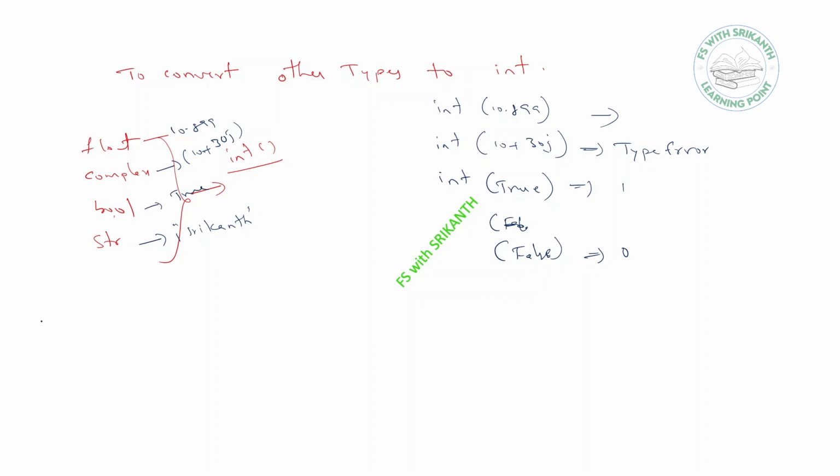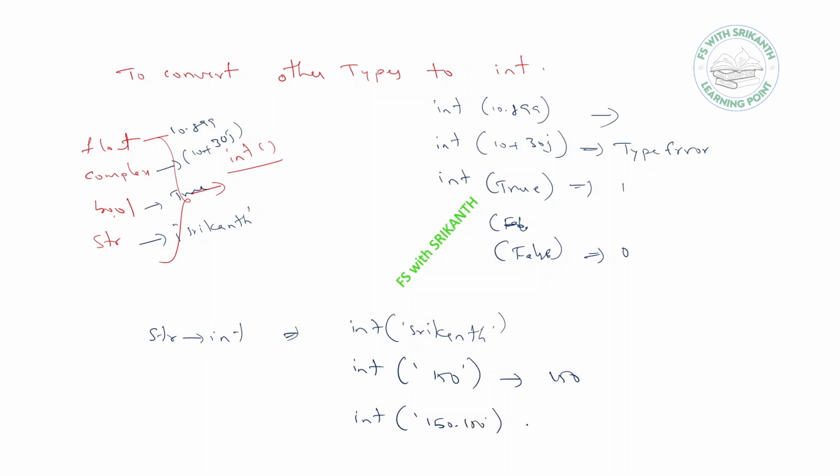When you try to convert a string to int, such as int of Srikanth, it will give an error. Int of 150, an integer text, prints 150, but int of 150.150 gives a value error.